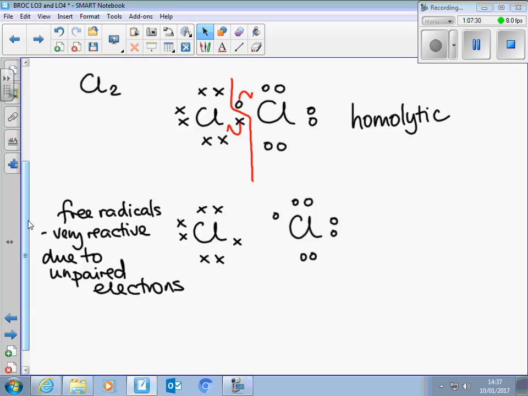The fish hooks on that one, the tails are starting where the electrons start, and the end is heading towards the atom that those are going to. It wouldn't have mattered actually if the circle had gone to the left and the cross to the right, because an electron's an electron. It's neither here nor there. The fact they end up with a mixture of dots and crosses, it doesn't matter.